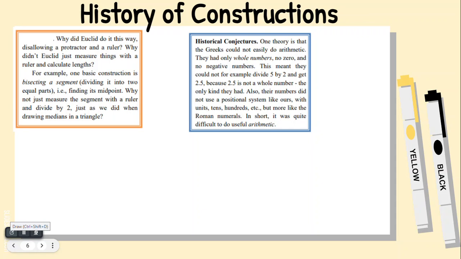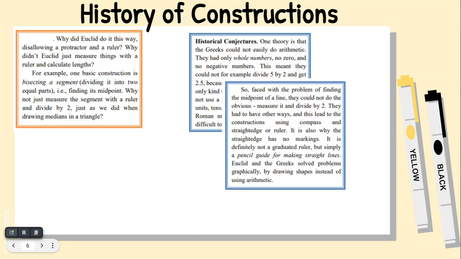They had only whole numbers, no zero, and no negative numbers. This meant that they could not divide, for example, 5 by 2 and get 2.5 because they did not understand what 2.5 was. They did not have a system like ours, and it was quite difficult to use.